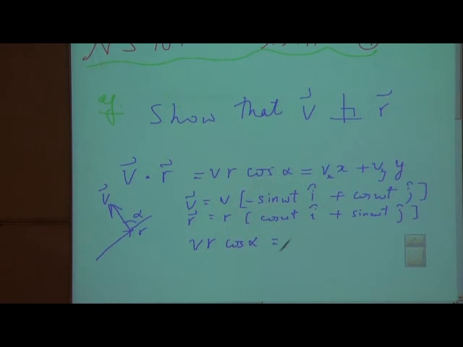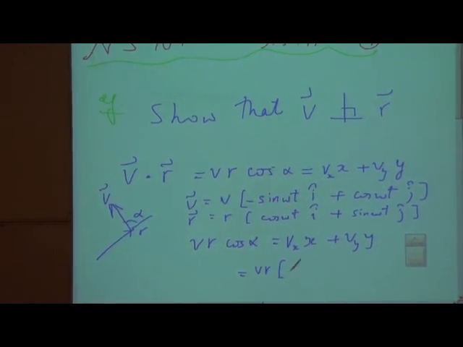Now, VR cos alpha is one way of calculating the dot product, but it must equal Vx times x plus Vy times y, which is simply VR times Vx. What is Vx? The x component of V is just V times minus sine omega t. And the x component of r is r times cos omega t. So the v and r I already wrote here.